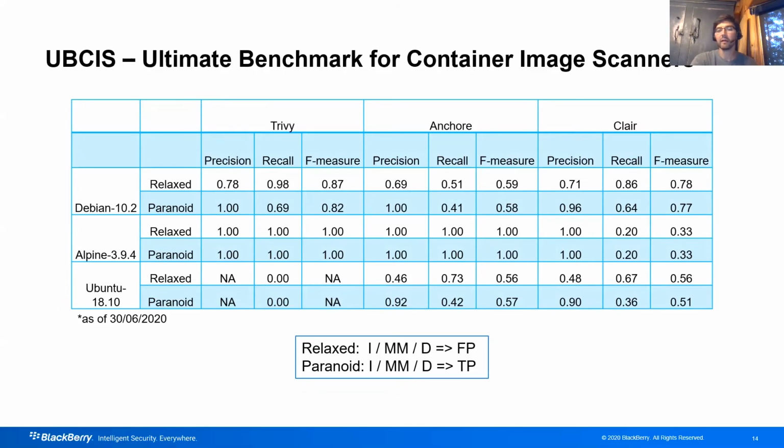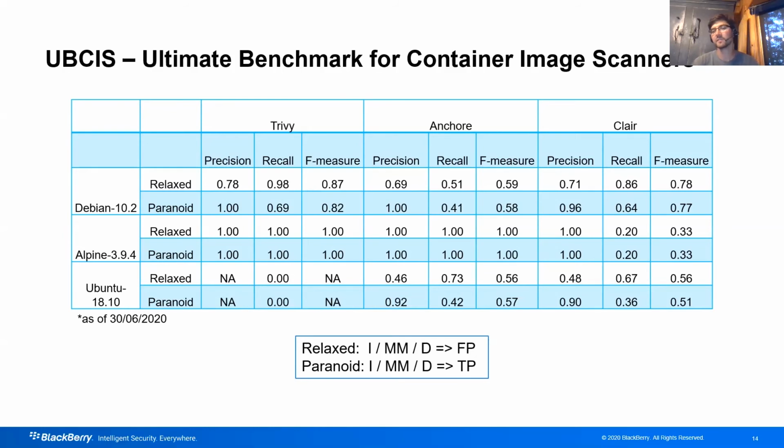How do you map those intermediate vulnerabilities that can be mapped, on the one hand, to true positive or, on the other, to false positive? Because this is an environmental decision, we say it depends on the customer. If the customer thinks the most suitable mode is relaxed, where they'd rather treat those inconclusive vulnerabilities as false positives, then they will look at the relaxed results.